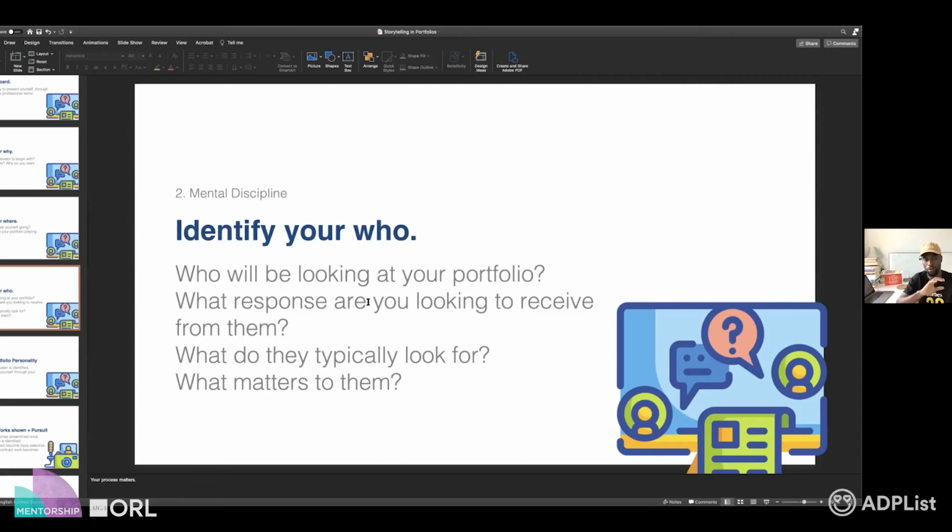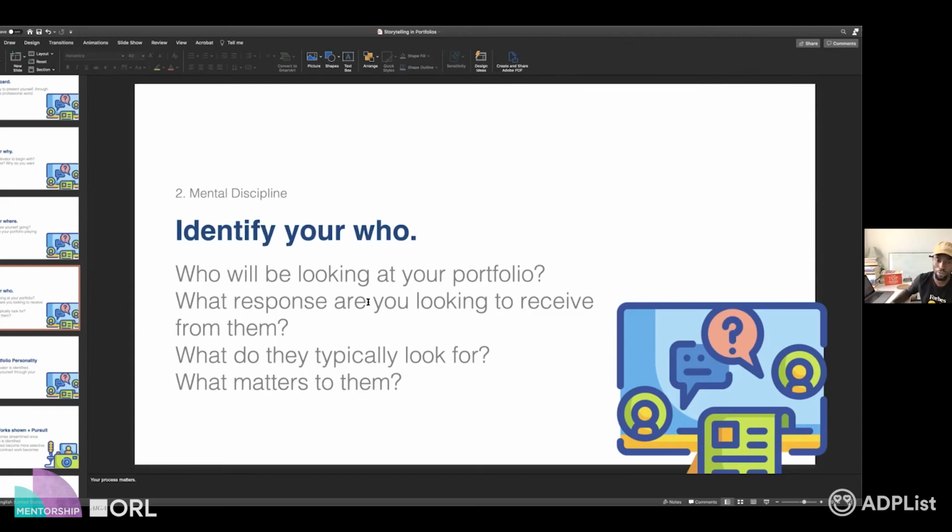Once you identify why and where, identify who's going to be looking at your portfolio, and what response you're looking to receive. This part is very important, because that can really catapult you into getting super creative on how you present your work, right? Are you looking to get phone calls? Are you looking to get a quick message, an email, contact, LinkedIn?